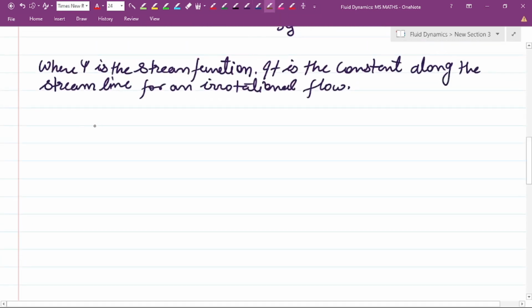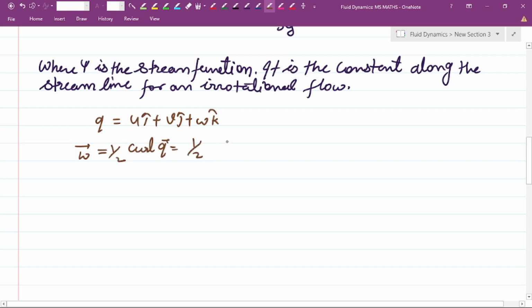If I have q such that q is equals to u i cap plus v j cap plus w k cap, then the angular velocity, this is omega, is basically 1 by 2 curl q vector, which is 1 by 2 determinant of i cap, j cap, k cap, dou by dou x, dou by dou y, dou by dou z, u, v, w.